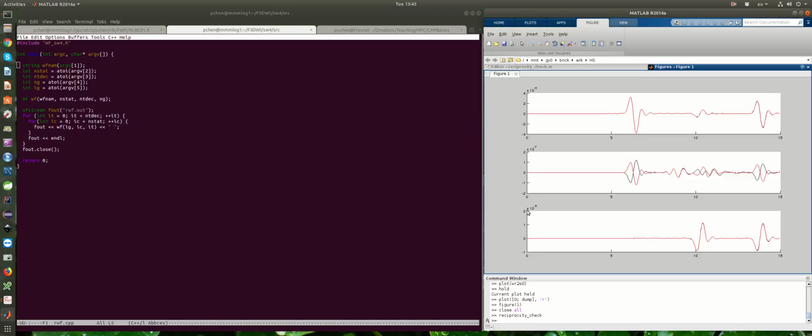But here it's 2 times 10 to the minus 5, 4 times 10 to the minus 5. So this one is about 100 times smaller than these two seismograms in terms of amplitude. So if you plot them on the same vertical scale, the difference here is minimal. You can't even see them.